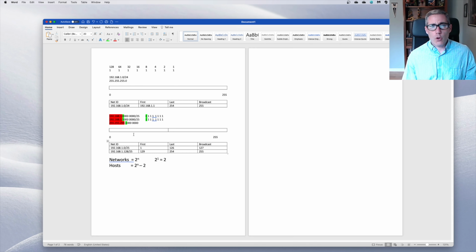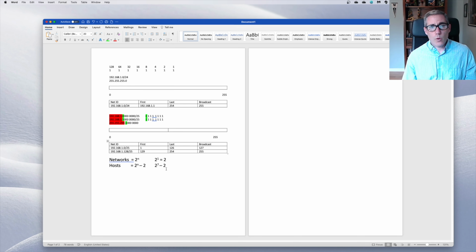So we had 1 network bit, and that told us how many networks. We have 7 host bits. So we need to now do 2 times itself 7 times. So 2 to the 7th power minus 2. And what does that equal?